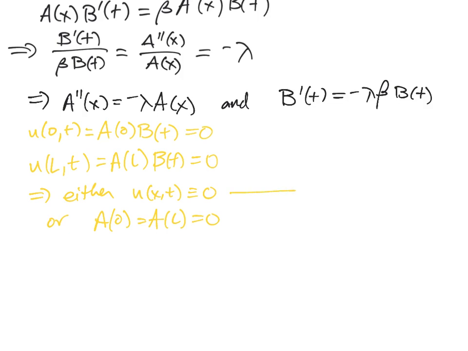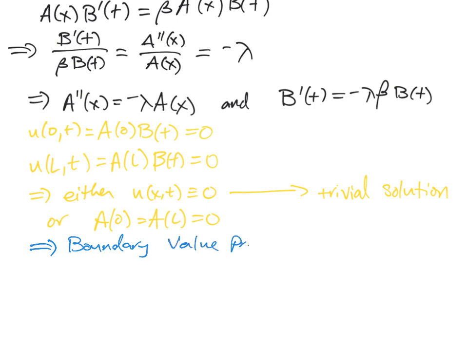So when u is identically equal to 0, we call this a trivial solution. And we don't really want to worry about those right now. So assuming that we don't have the trivial solution, then we get a of 0 and a of L equals 0, and this gives us a boundary value problem just in x.